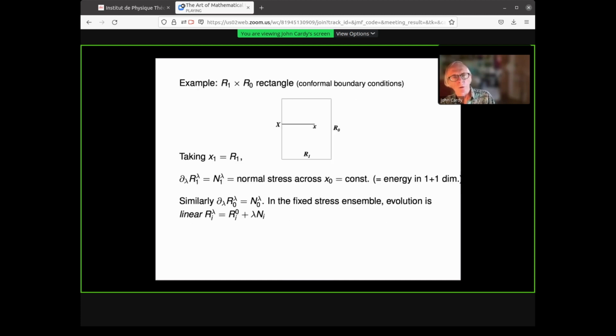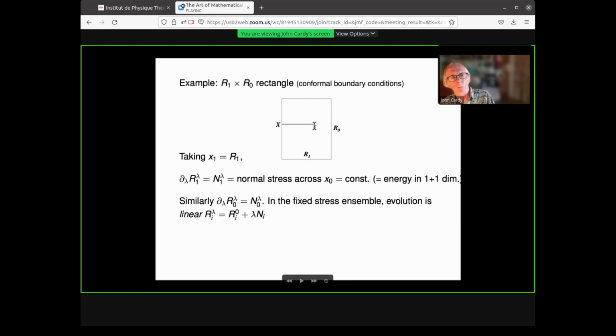So I'm going to use the example of a rectangle. I could start with a torus, but it's easier to think first about the case of an R0 by R1 rectangle. And here's our point X, which we take on the boundary. Here's the point we're looking at.